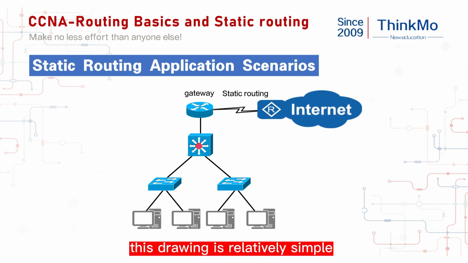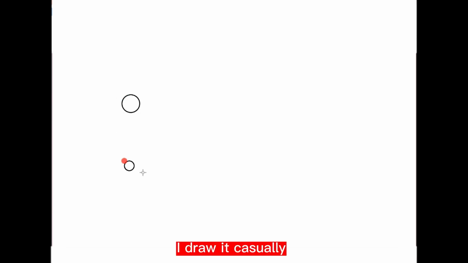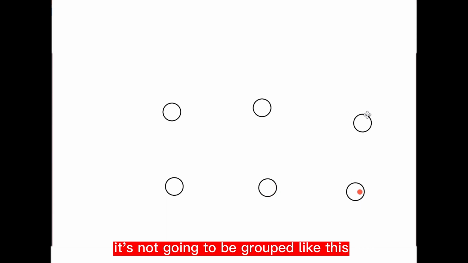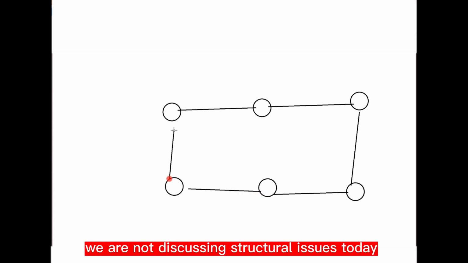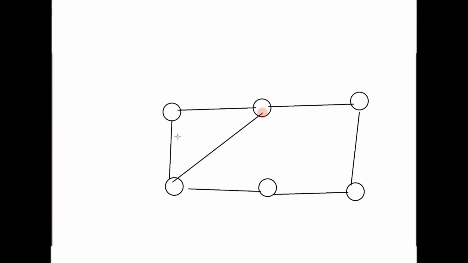This drawing is relatively simple. Let's discuss a slightly more complicated scenario. I draw it casually. Normal drawing is not like this. Real networking is not going to be grouped like this. Let's say this is some router. Simply make a connection. We are not discussing structural issues today.